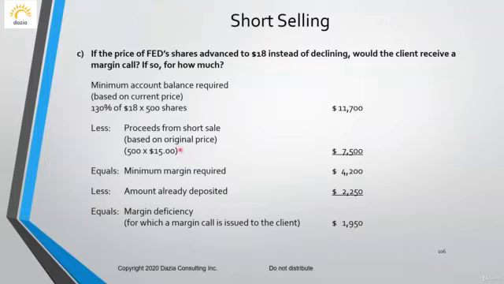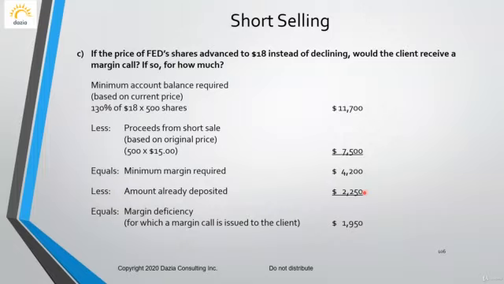And day one, you had got proceeds from short sale. That is 500 times $15. You had got 7,500 as the loan amount from the company. So the difference now is 4,200. You need to have deposited $4,200 in the margin account.